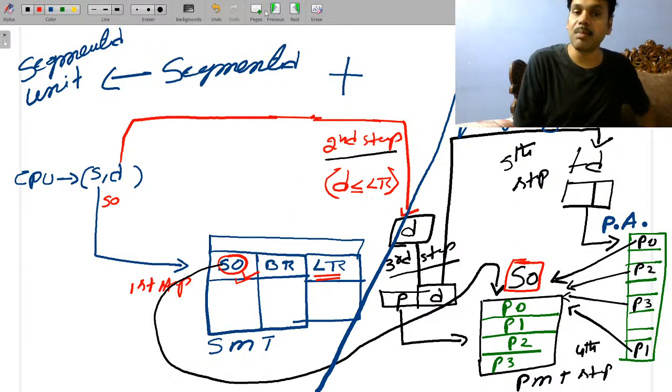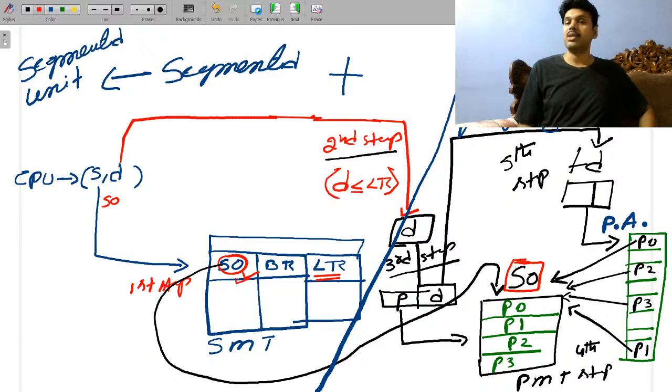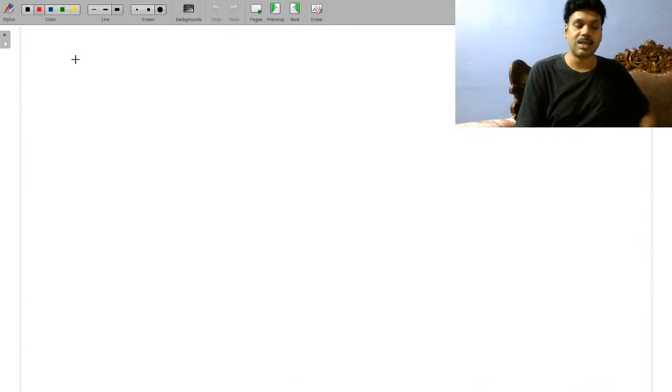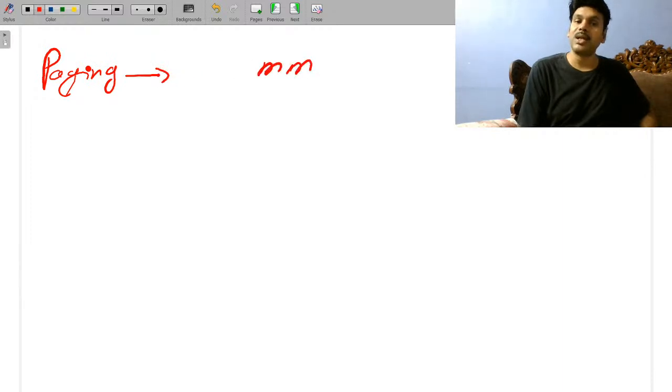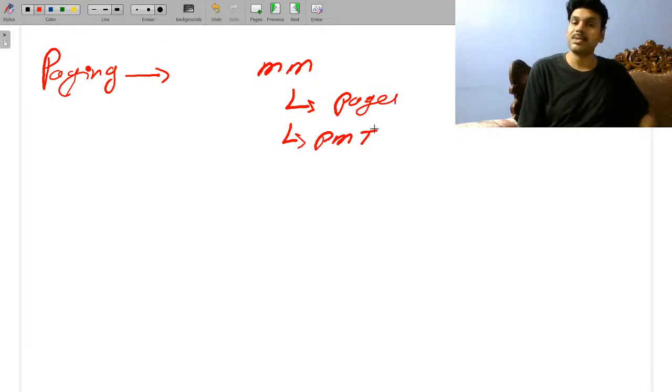But there is one important issue here. What is the important issue? Please understand. If I am maintaining paging, as in our previous classes, your main memory consists of equal pages and page map tables, nothing else.